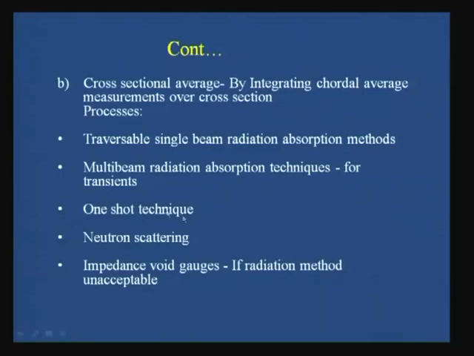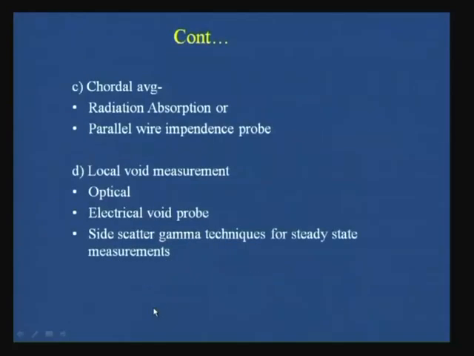This multi beam radiation is useful for transient measurements, or the one shot technique which I was telling, where a large source can be used with special collimators. Neutron scattering can be done, and impedance void gauges can definitely be used when radiation methods are unacceptable, which was the case for my particular situation.